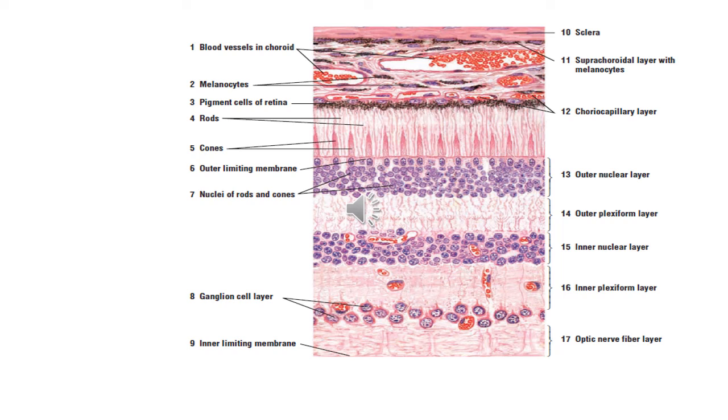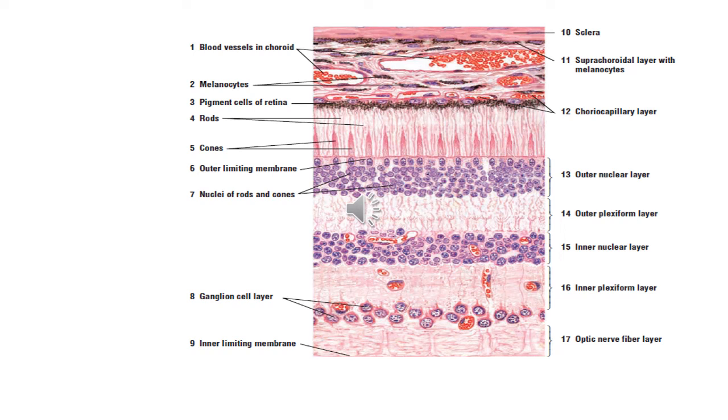Then as you come down, you can see the layer of the rods and cones, and the outer or external limiting membrane, which is actually not a true membrane, but shows a row of adhering and tight junctions between the outer ends of the Muller cells to each other and with the segments of the rods and cones.